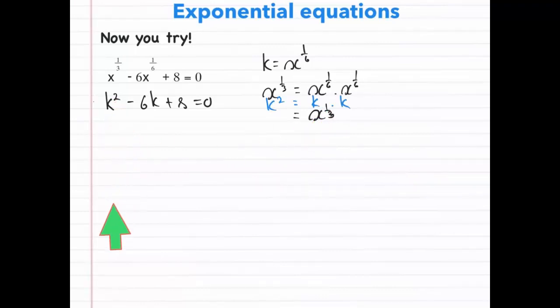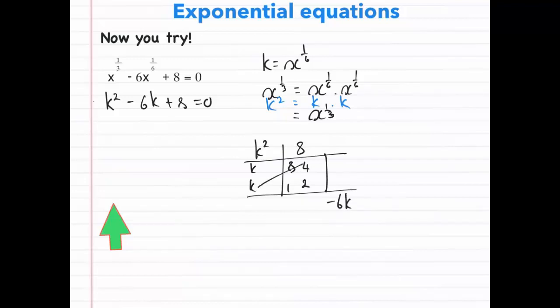So now I just do a normal trinomial, and this will be k squared. That will be 8. So k and k, 8 and 1, 4 and 2. And what do we want? We want a minus 6k. So that is 4k, that is 2k. So it will be a minus 4k and a minus 2k gives me a minus 6k. Carry over the minus, carry over that minus.